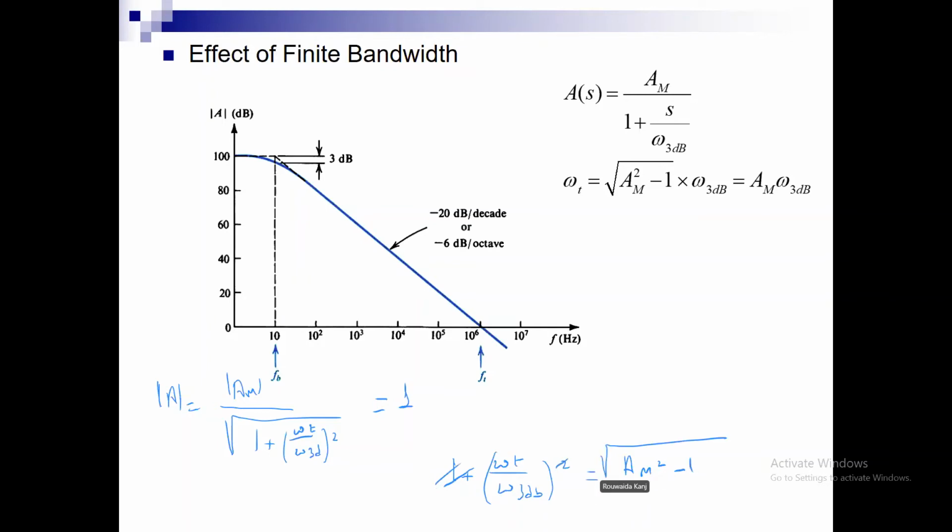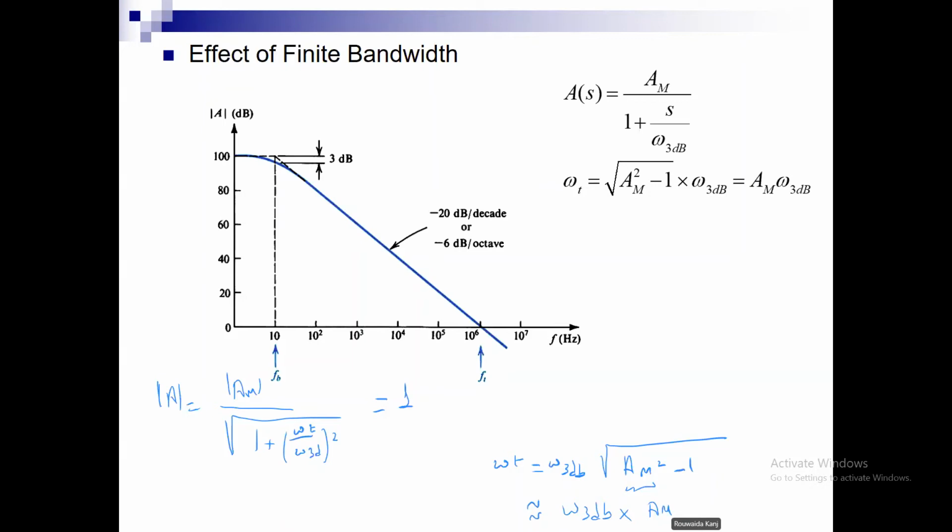Okay, so this means that omega t can really be written as omega 3 dB times this quantity. If AM is very large, then this can be approximated as omega 3 dB times AM.